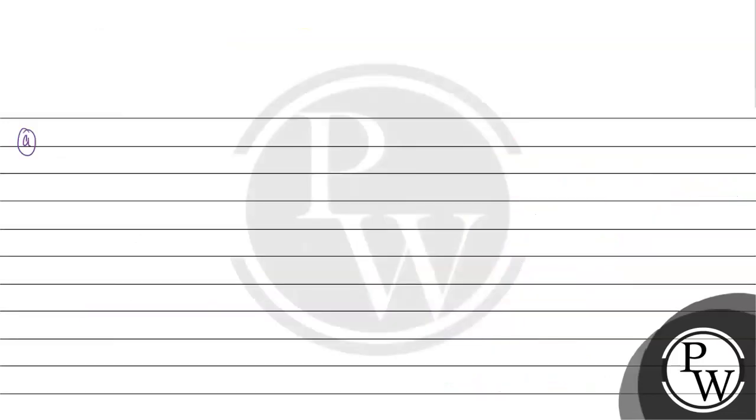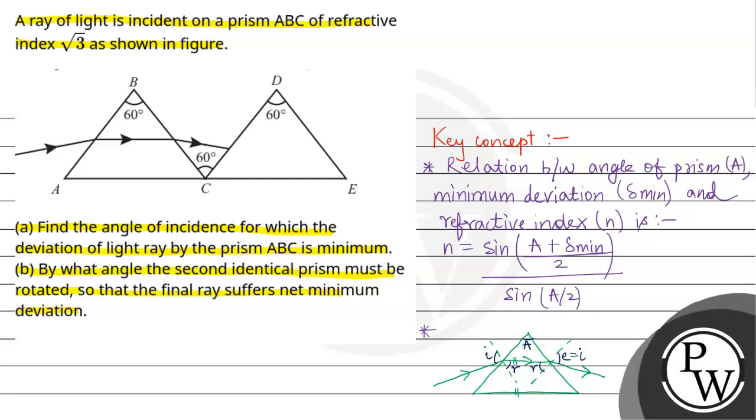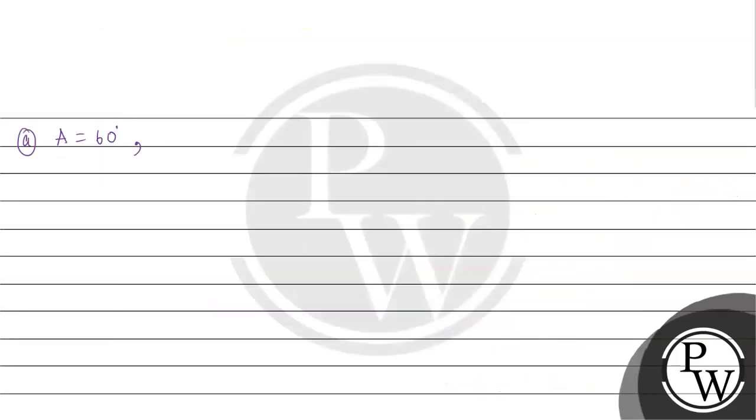Here A is given as 60 degree for the first prism, and the refractive index is given as root 3. Therefore, from this formula, n equals sin (A plus delta min) upon 2 by sin A by 2.